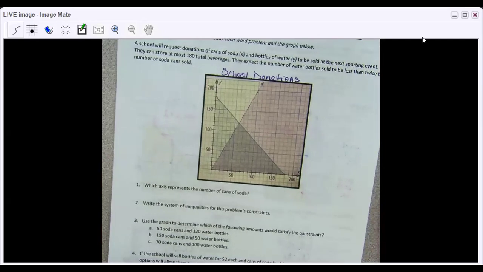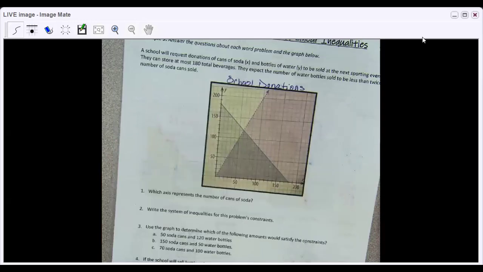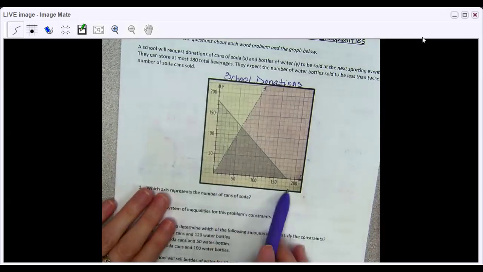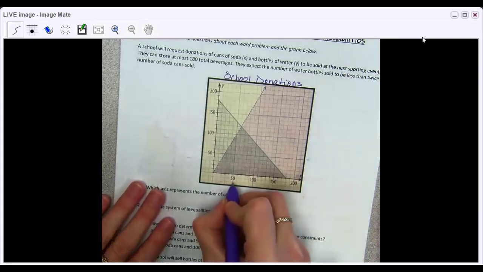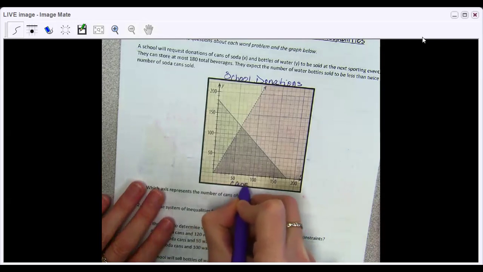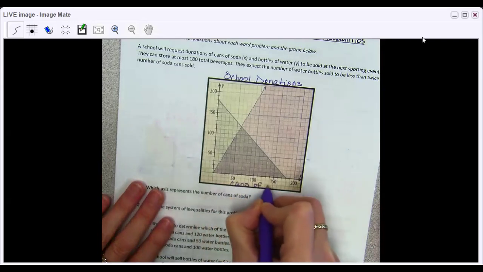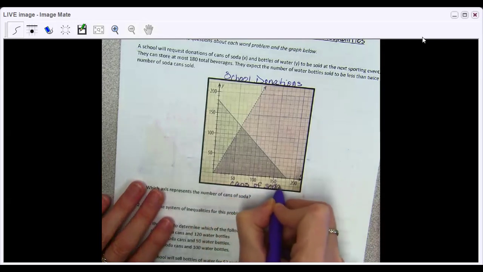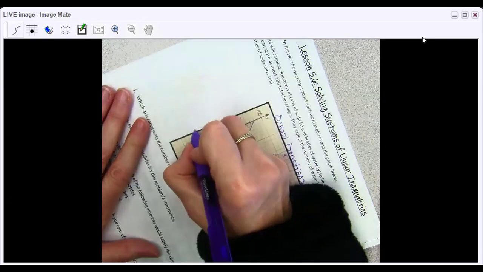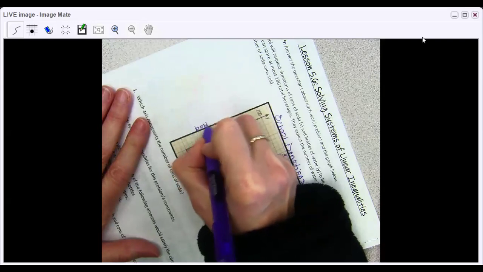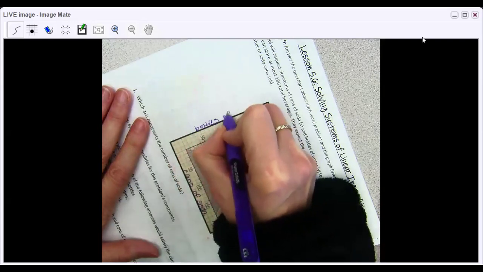So based on what it says in the scenario, what would represent our X axis down here? Yeah, so let's put cans of soda, which means the y-axis is bottles of water.